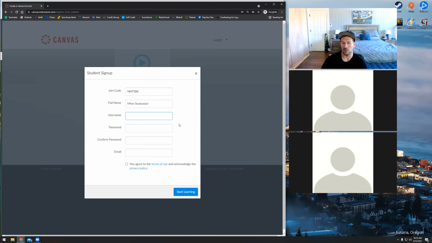What do you want your username to be? Or actually, sorry, what email are you going to use? Yeah, at Gmail. I'm going to use that for your username as well. And then what do you want your password to be?